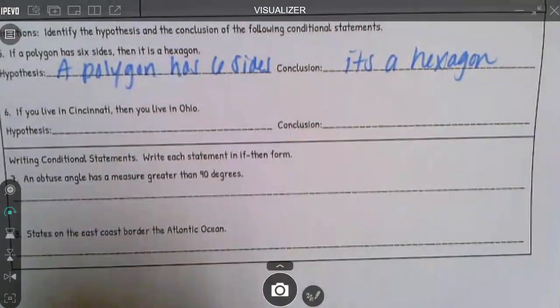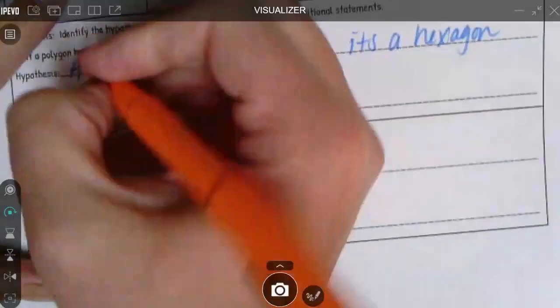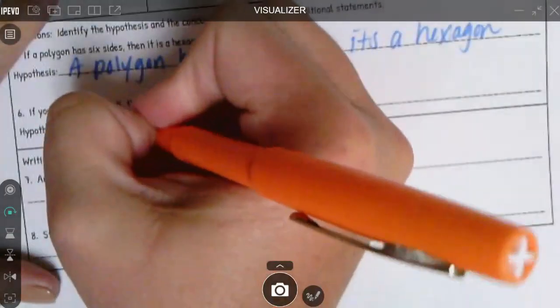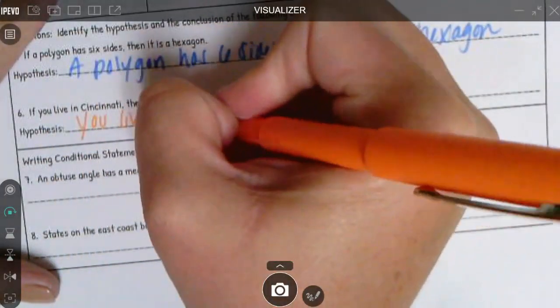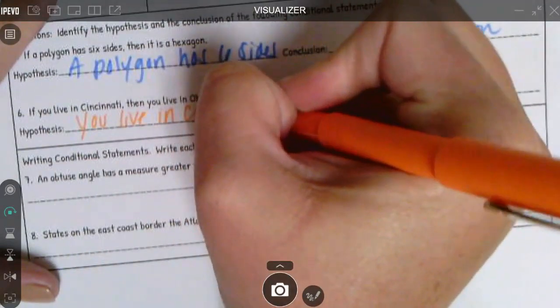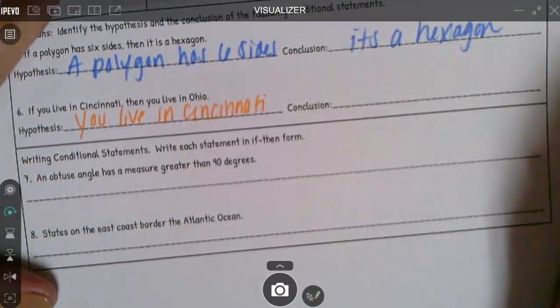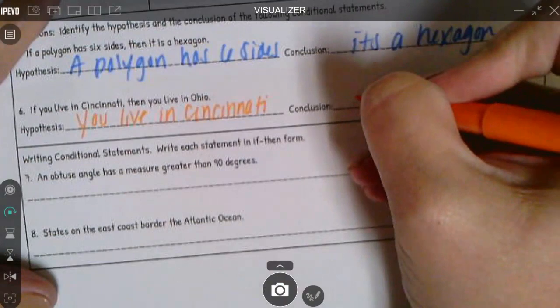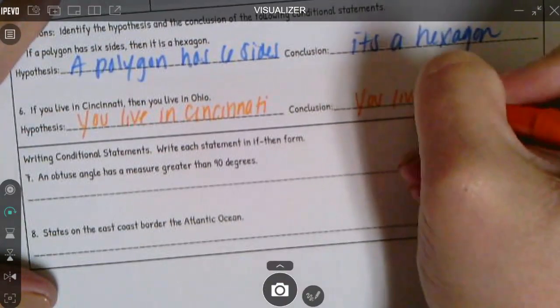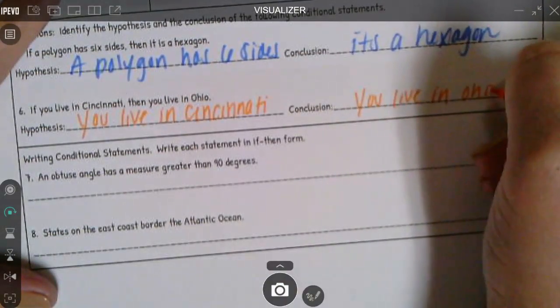Number 6: if you live in Cincinnati, then you live in Ohio. The hypothesis: you live in Cincinnati. Your conclusion is you live in Ohio.